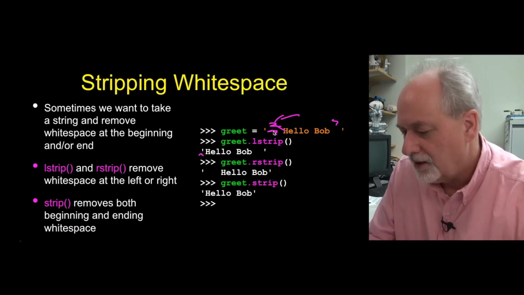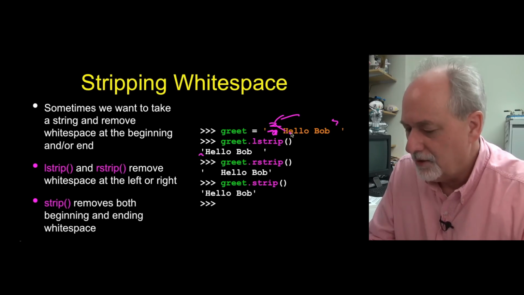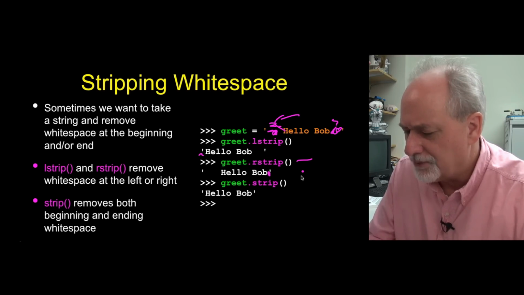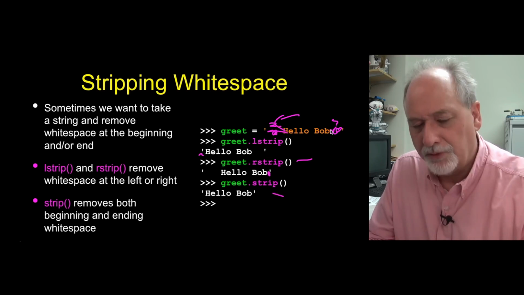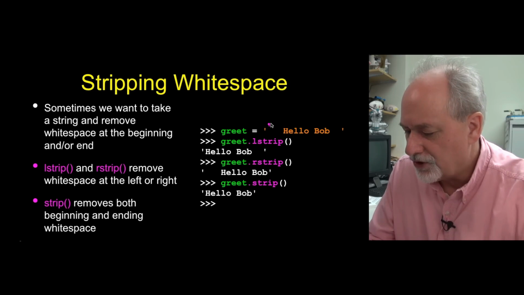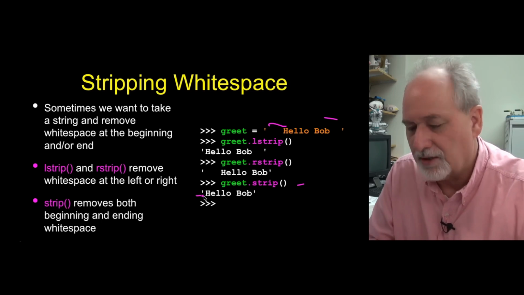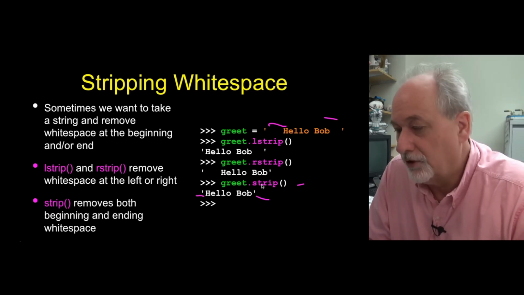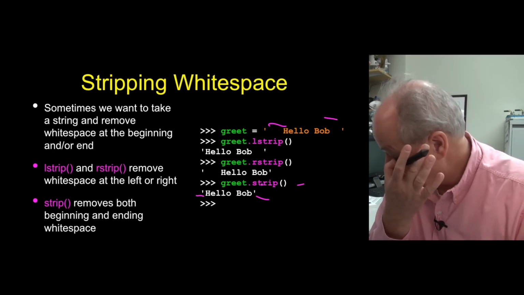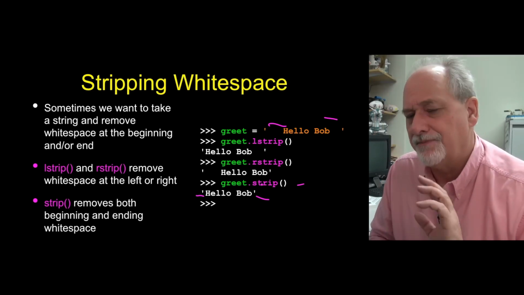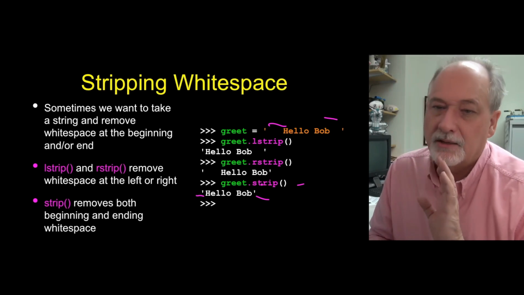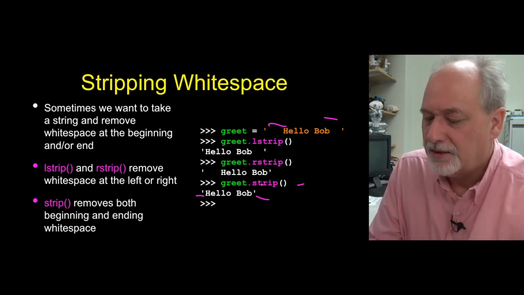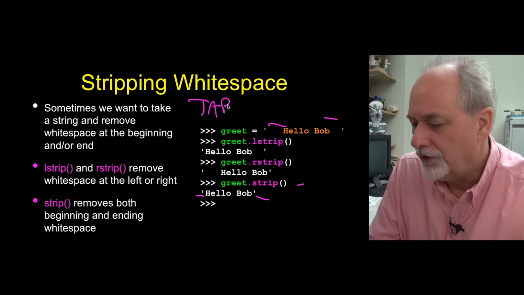If there's nothing there, it doesn't harm it. R strip means throw away all the blanks on the far end. And then strip says take both sides, and so that pulls out all the spaces on both sides. This will be useful because sometimes when you're tearing stuff apart, you'll find yourself getting extra spaces, sometimes at the beginning, sometimes at the end. And it can be tab or new line.